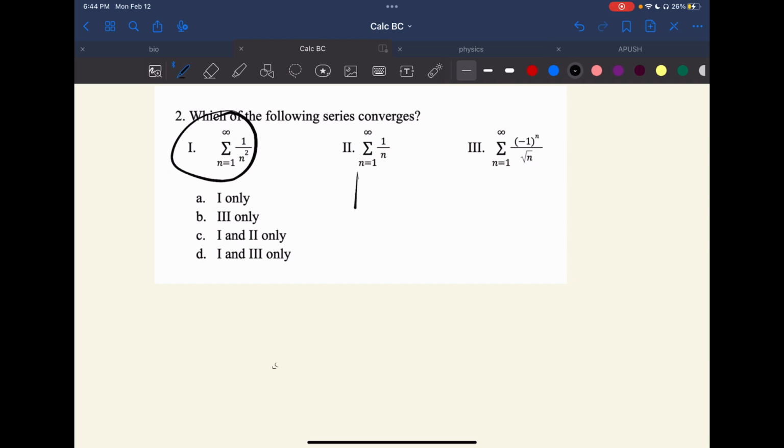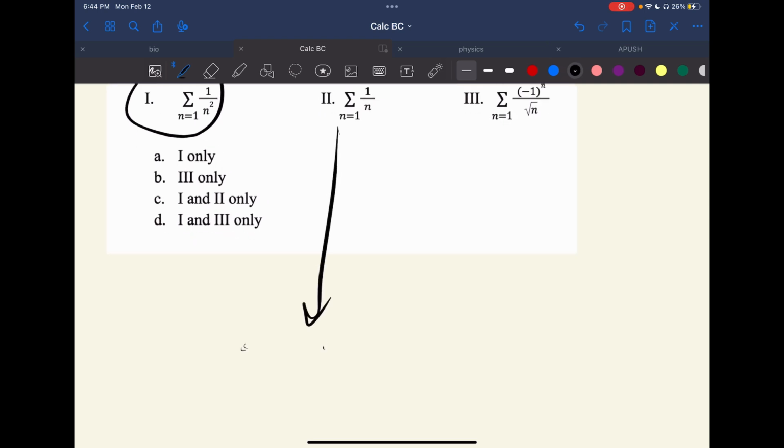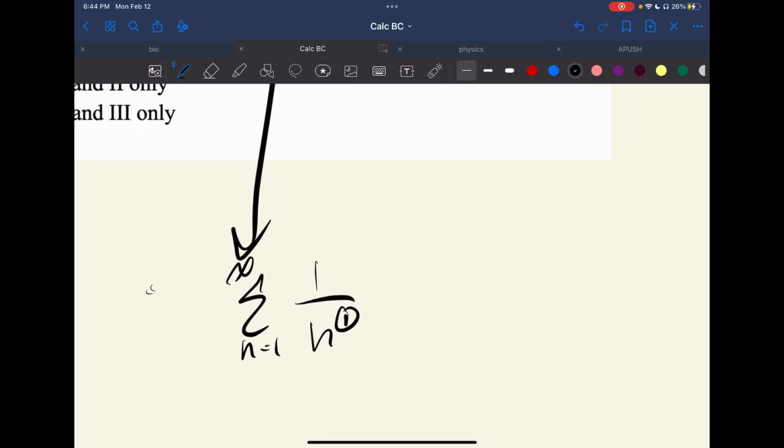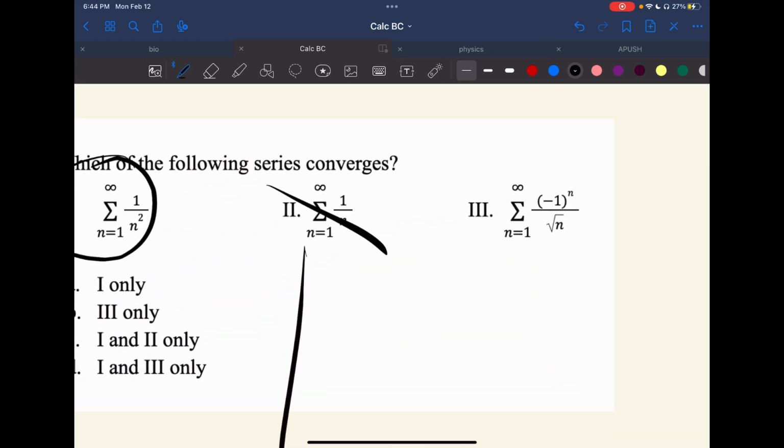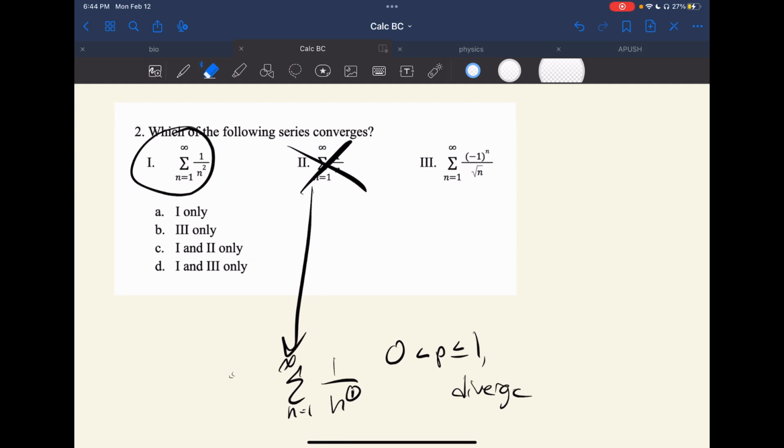Now, if we look at this one, it's also a P series, except here there's no exponent. There is, but it's 1. Given what the P series test says, if P is greater than 0 and less than or equal to 1, then it'll diverge. So because of that, we know this series does not converge.